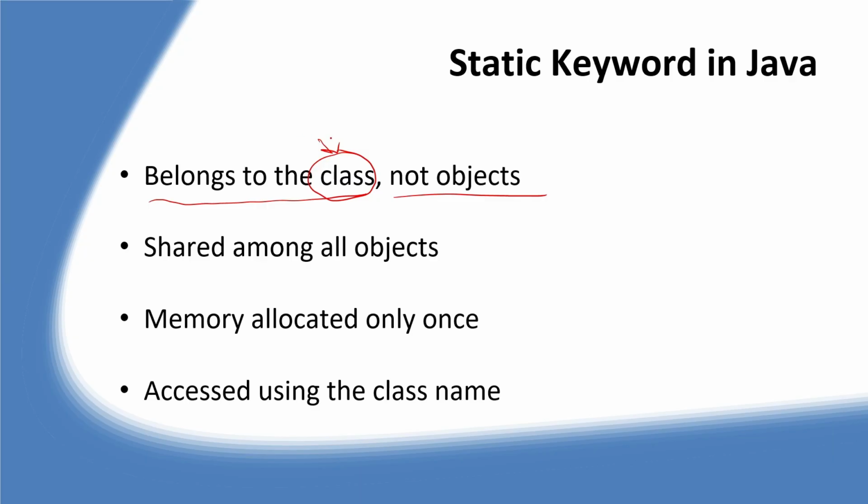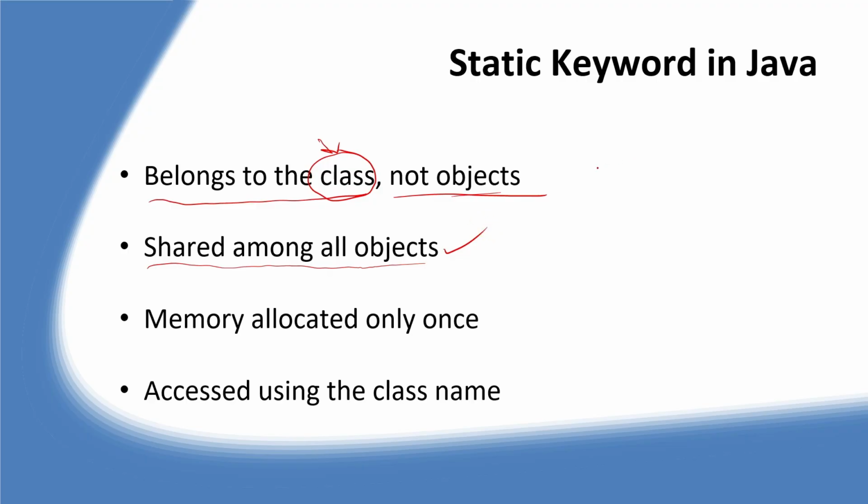Static is associated with the class, not objects. And the properties mentioned as static, those variables will be shared among all objects.